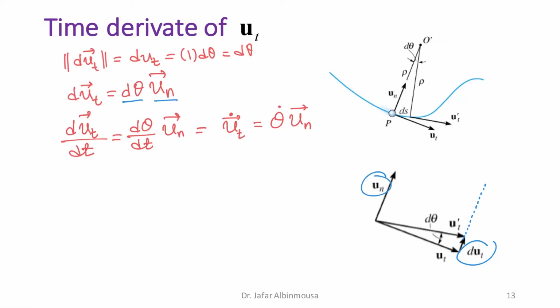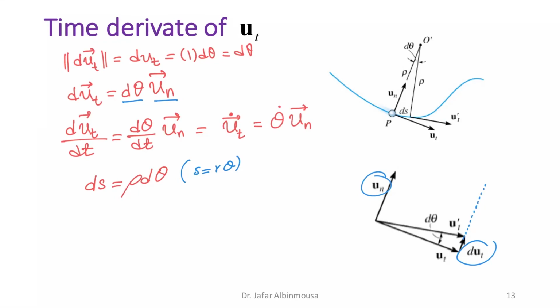Now, I don't know what theta dot is. So I'm going to move to this schematic to try to find the relation between the arc length, the radius of curvature and theta. This is the same equation that I used before, S equals rho theta, but I'm writing it for a differential change.